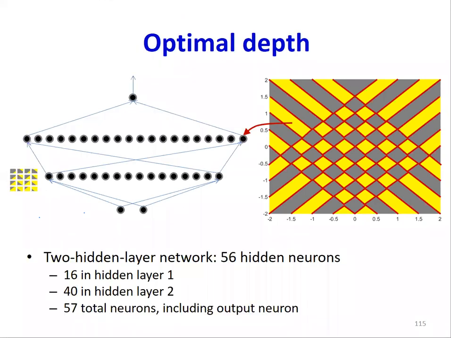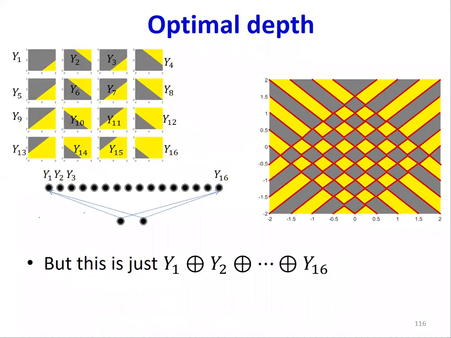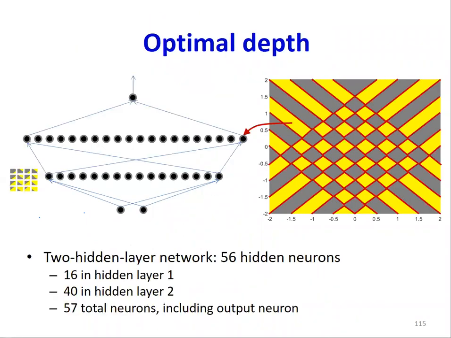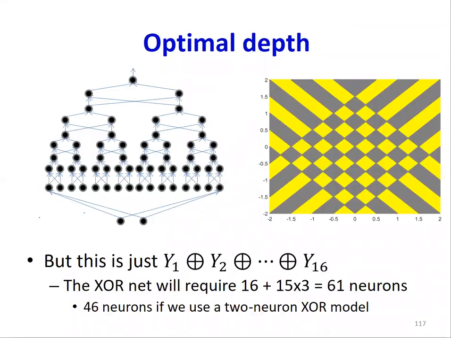But then if you go back and look at this, once I capture the lower layer, this is just an XOR pattern, right? It's just Y1 XOR Y2 XOR Y3, where the Ys are the outputs of the neurons that capture these individual lines. And so if I did this, instead of having one neuron for each of these boxes, if I saw this as an XOR over the lines, then there are 16 Ys, 16 lines.